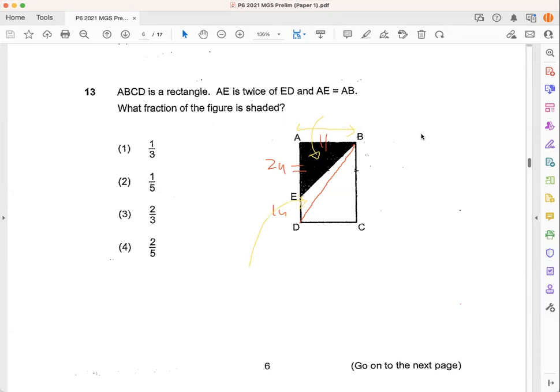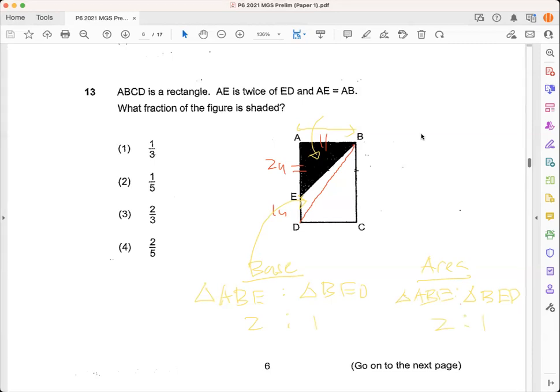Triangle ABE compared to triangle BED, their base is 2:1. So the triangle ABE to triangle BED will also be 2:1.